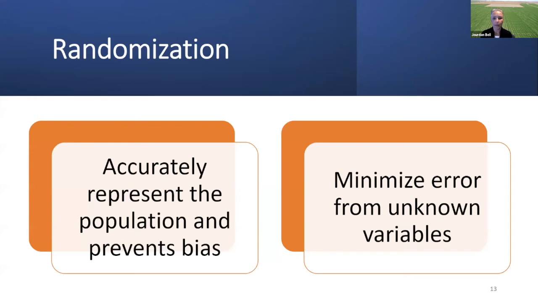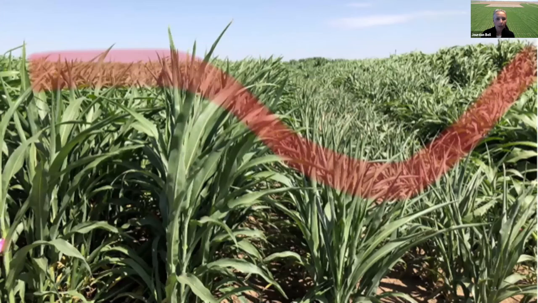Now also randomization. This helps you accurately represent the population and also prevent bias, minimize error from unknown variables, like I just mentioned. This is another example from some of the forage and silage work that I've done at Bushland, and this was actually in a field where there was compaction from the previous year from silage trucks.